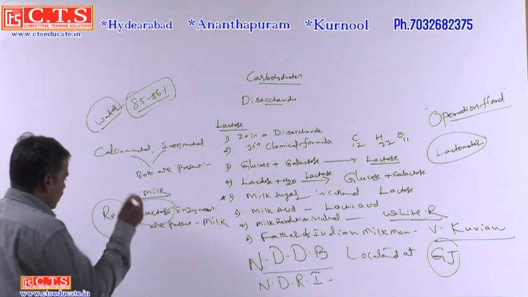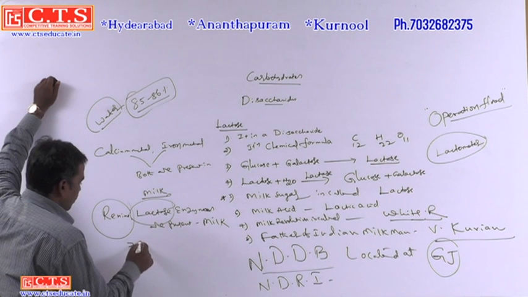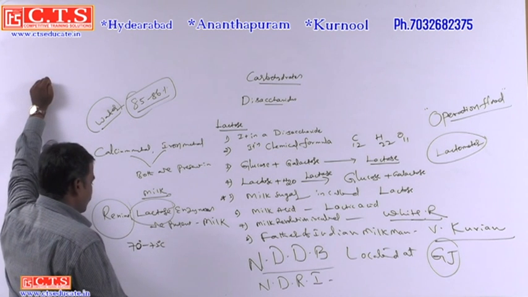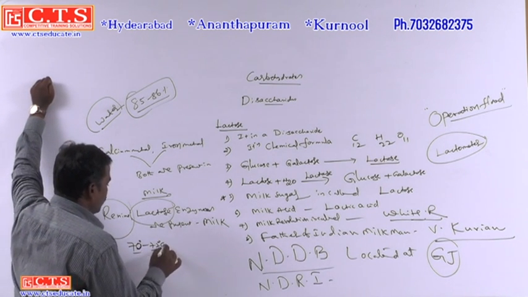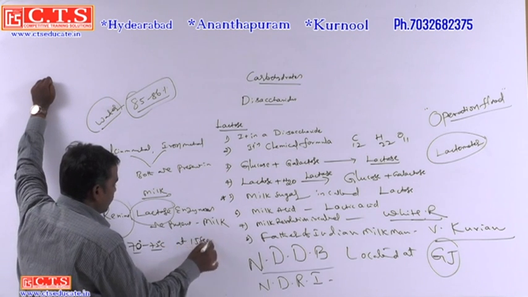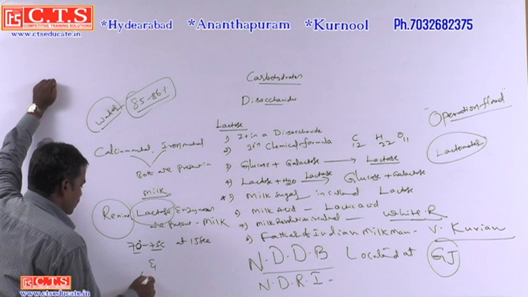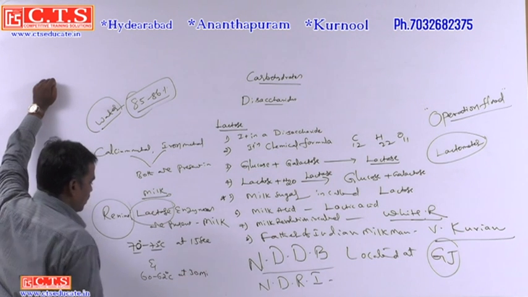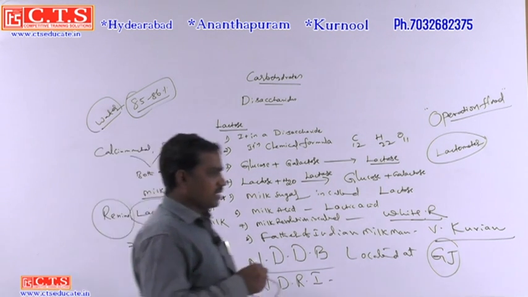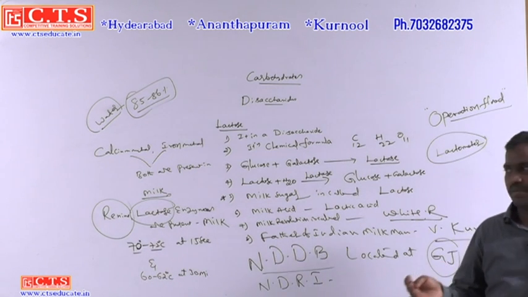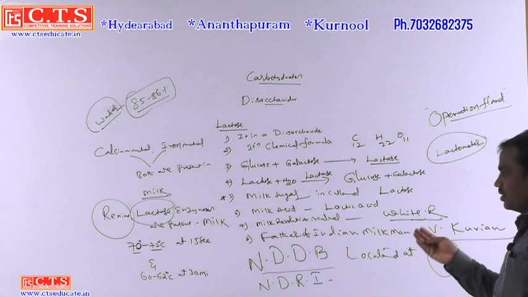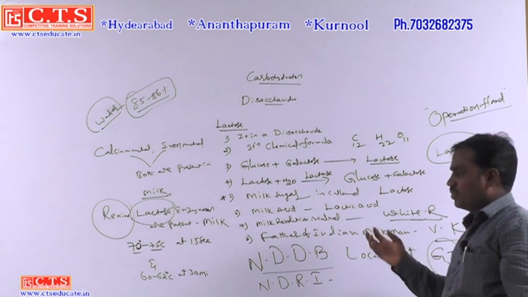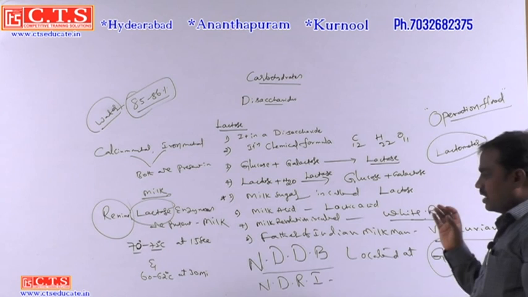Pasteurization method conditions are: milk is heated from 70 to 72 degrees centigrade for 15 seconds, and 60 to 62 degrees centigrade for 30 minutes.